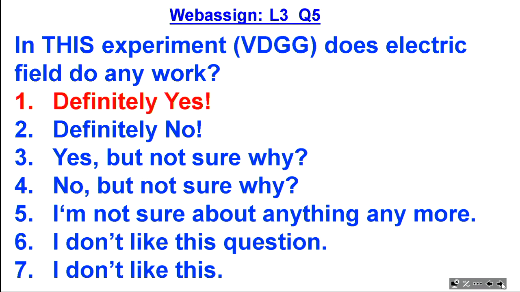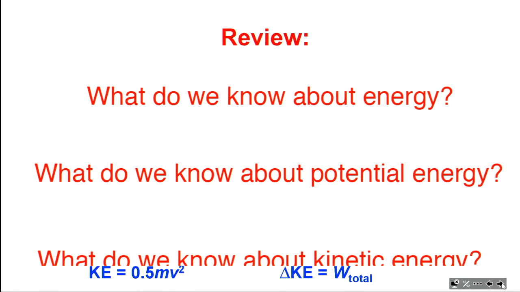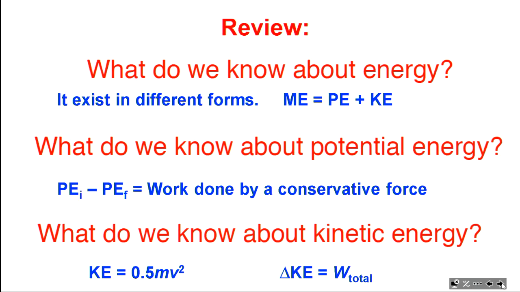Well, if it does work and the energy changes, that means we have to review. And by saying we, I mean you, have to review everything we know about energy and work. So, for example, there is mechanical energy, which is the sum of potential and kinetic. And potential energy, by definition, is something, the difference of which is equal to the work.